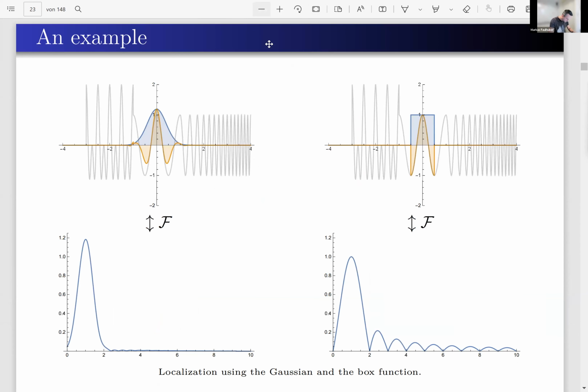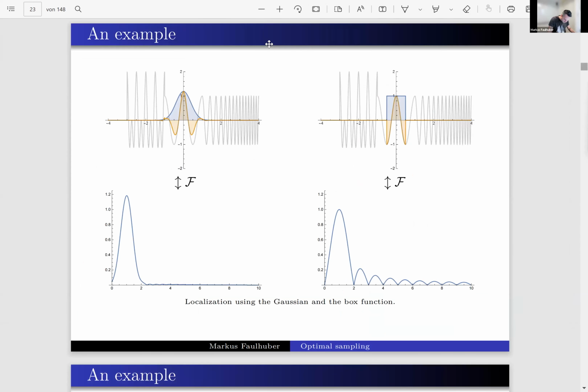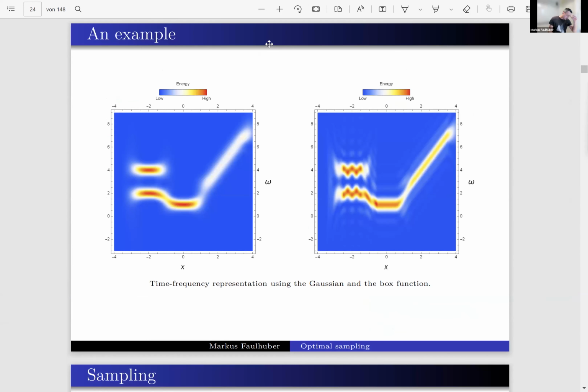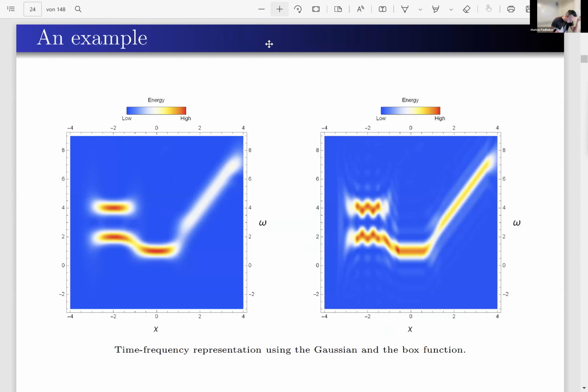Maybe one smaller. Oops, sorry. Okay, and if you want a better localization in time and frequency at the same time, then you should probably not pick the box function, but maybe something like the Gaussian window.